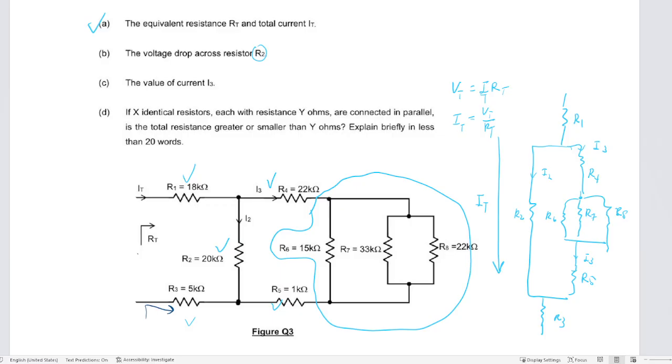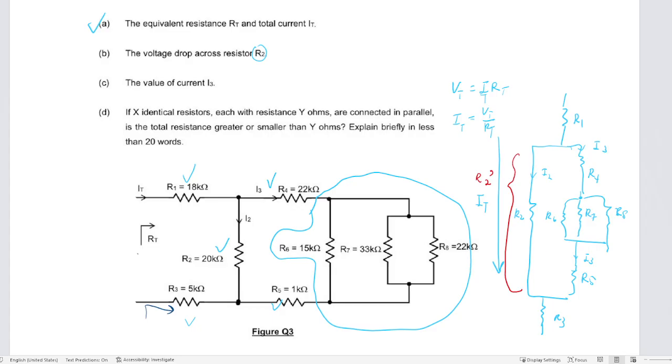Once you already managed to summarize and define this summary of blocks over here, let me call it R2 prime, because these all share the same voltage.